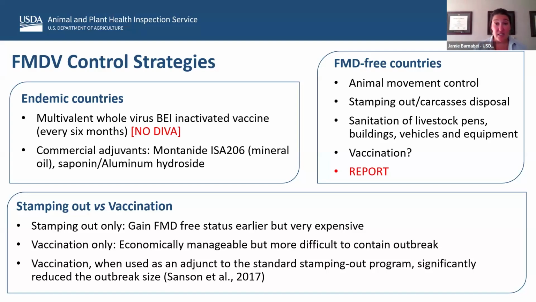So what we're most likely to see in an outbreak is probably vaccination used in addition to the standard stamping out practices. And in an article from 2017, they found that this kind of tandem approach significantly reduced the outbreak size. So Sanson et al., 2017, anybody who's interested in reading that. And the other important thing to remember, guys, vaccination is not a day one response tool.